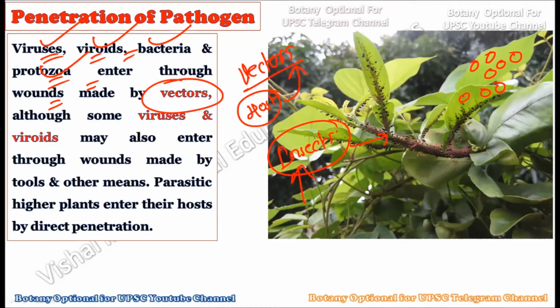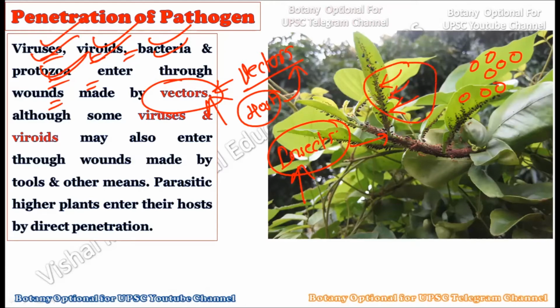Once they act as vectors, they transport the pathogen from its original place onto the plant body. So for viruses, viroids, bacteria, or protozoa, the vectors are the primary means of transfer, and these vectors in turn create the injury within the plant body, and hence the pathogens are able to get within the plant body.